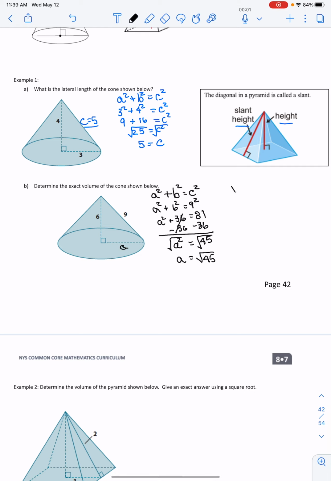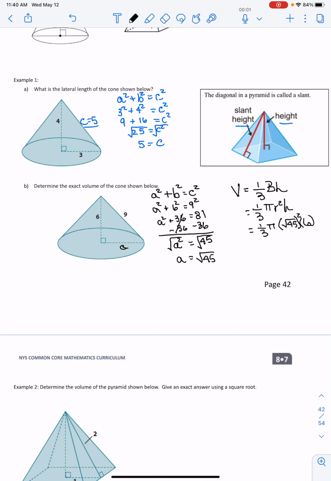So here I have the volume equals 1/3 capital BH. So then it's going to be 1/3 pi r squared h. So now I have 1/3 pi r squared times 6, which is my height.